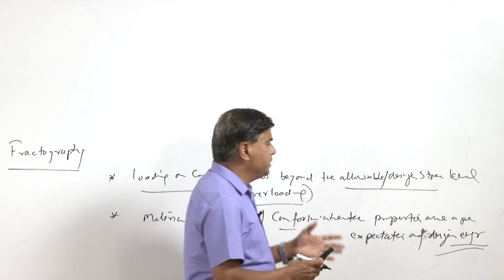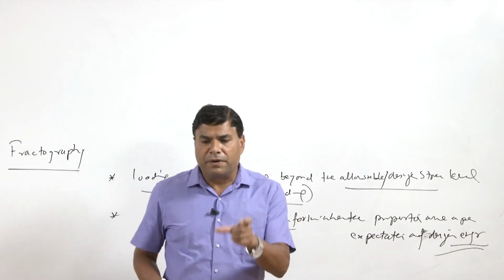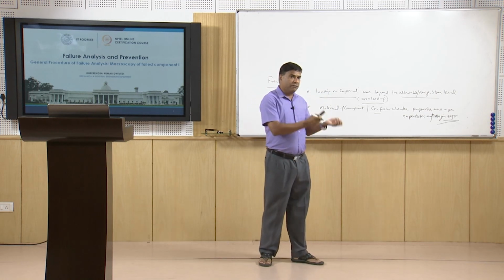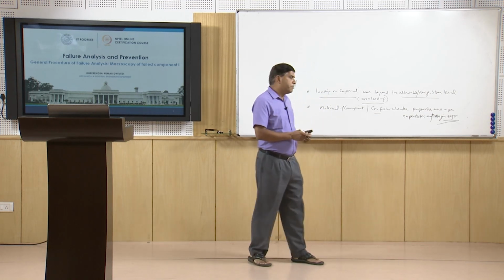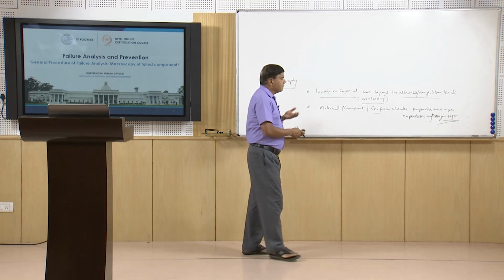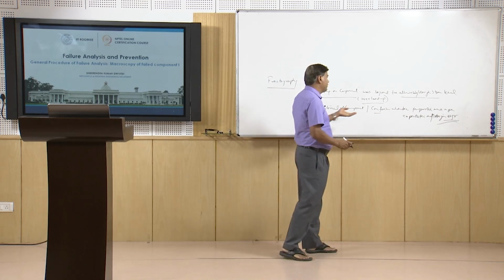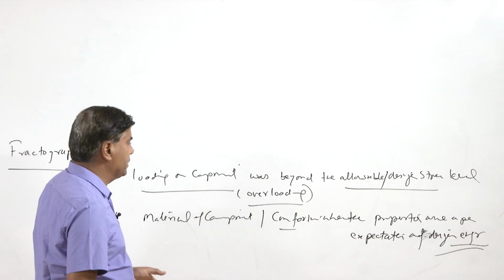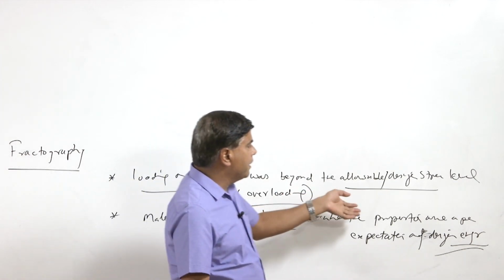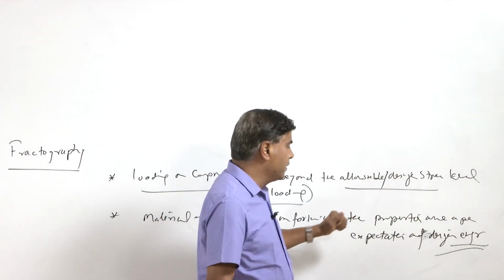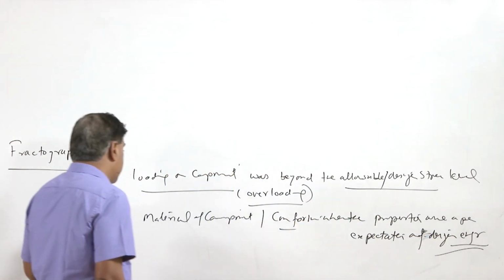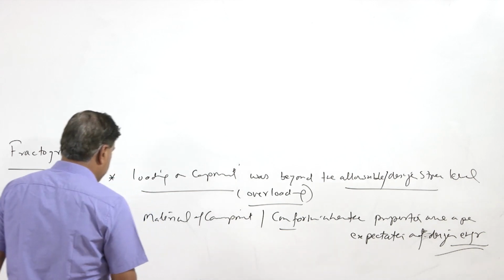The design engineers will assume that the material will have a certain set of properties. If, due to some kind of fault with the material, it does not have those properties, it will lead to the failure of the component. That kind of confirmation, whether the material has the required set of properties as expected by the engineer, can be confirmed through fractography.